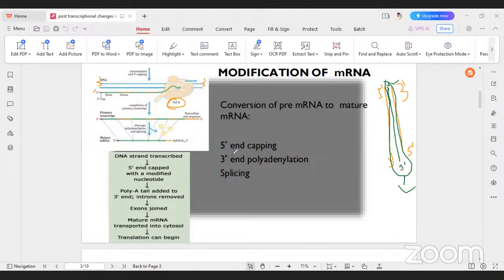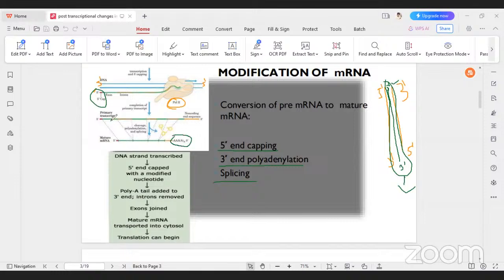To be matured, the requirements are 5' capping, that is the first one. Second, 3' polyadenylation, and splicing mechanism. These 3 are important. So here the 5' cap formation, and here the polyadenine tail formation at 3'.